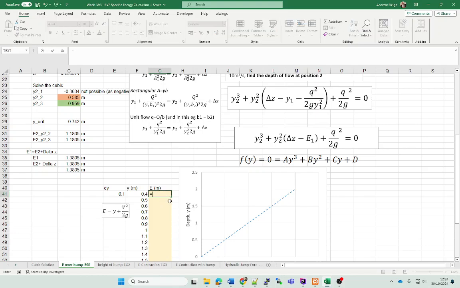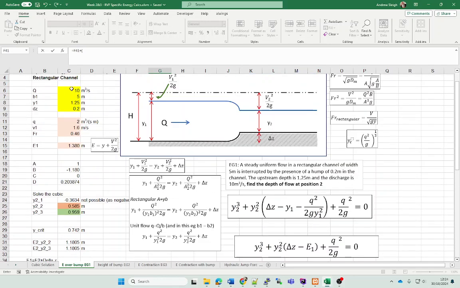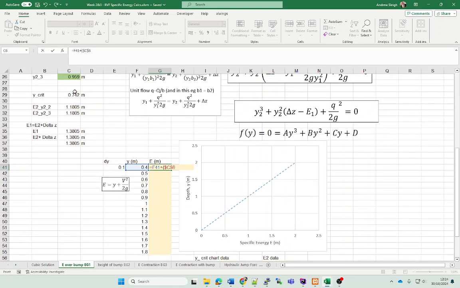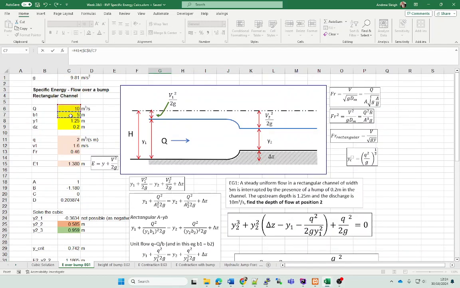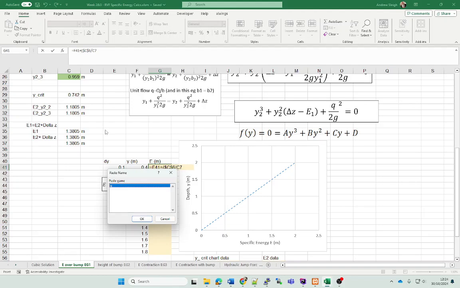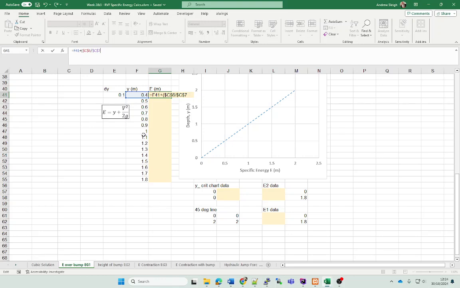E we're calculating, so E equals y plus, what's the v squared? Well, it's q over a, and so we're going to put a bracket and we're going to use a capital Q fixed divided by b fixed divided by the y that we've just selected.